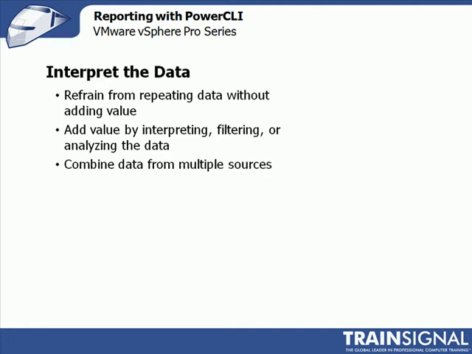Another thing you can do is combine data from multiple sources. So think about where you have virtual machines and data stores. You've got information about data stores that you can't see necessarily while you're viewing the virtual machine listing in your Virtual Center GUI.